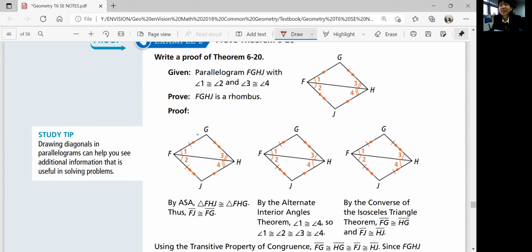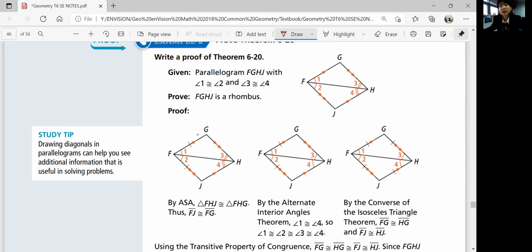And by the converse of the isosceles triangle theorem, FG must be congruent to HG, right? If the base angles are congruent, then it's an isosceles triangle. So the other sides here, the legs of the isosceles triangles, must be congruent.